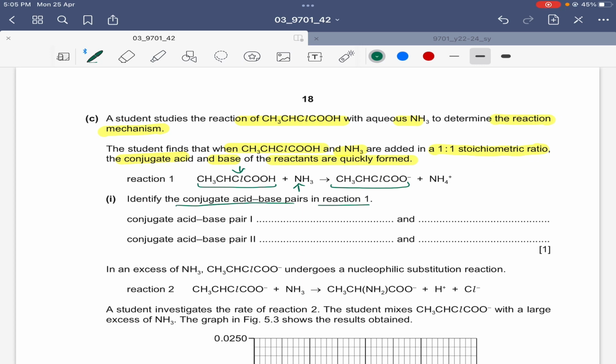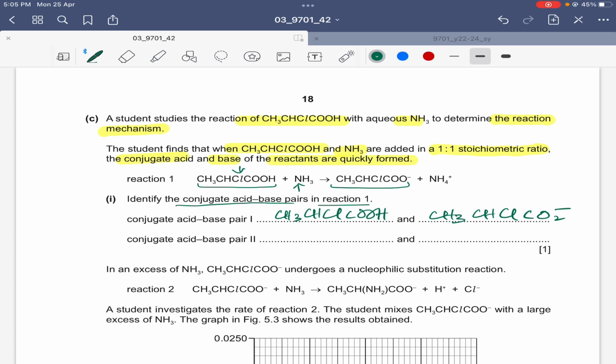This is conjugate acid-base pair 1, CH3CHClCOOH. This is the acid, and its conjugate pair, once it loses the proton, is CH3CHClCO2 minus.